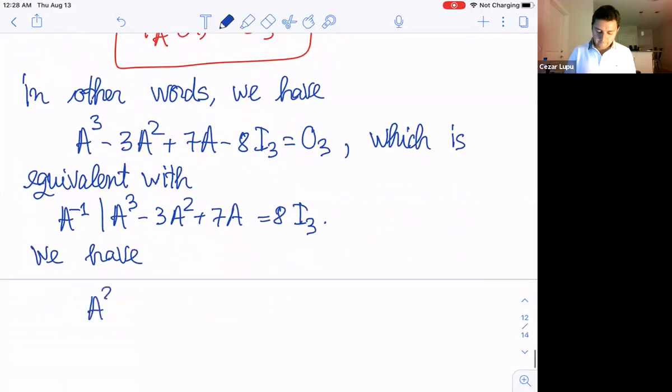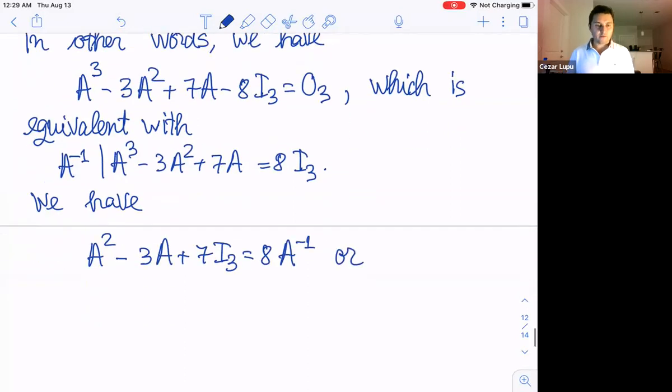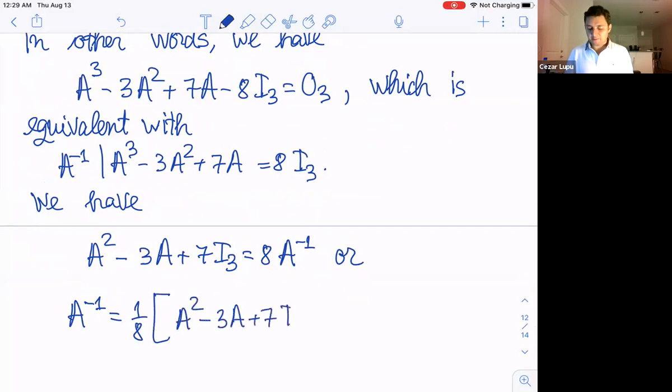A squared minus 3A plus 7 times the identity equals 8 times A inverse. Or we can actually divide by 8, so A inverse will be nothing else than 1 over 8 times A squared minus 3A plus 7 times the identity. That's the inverse of A.